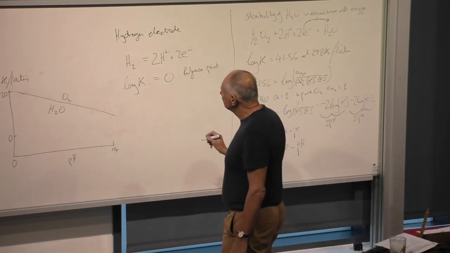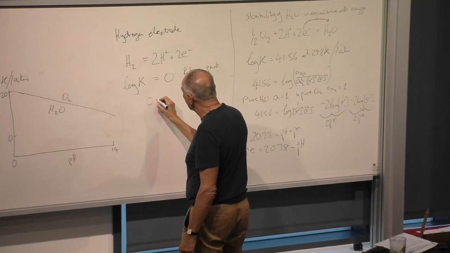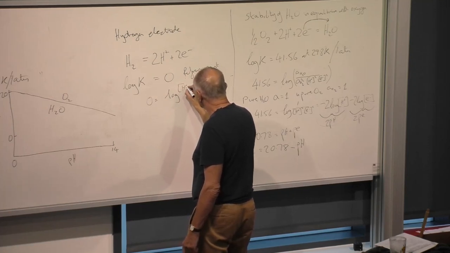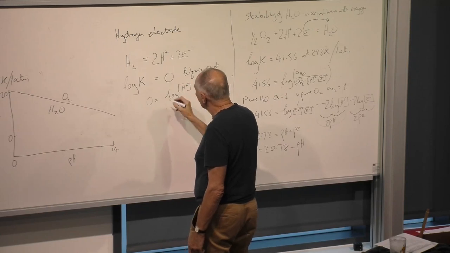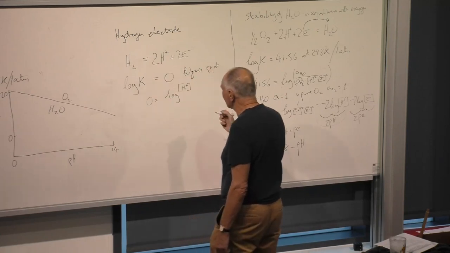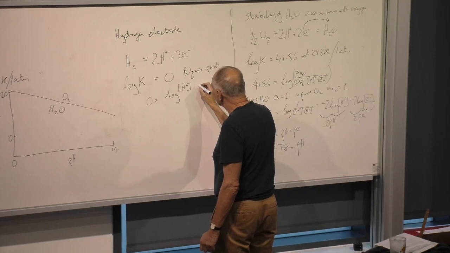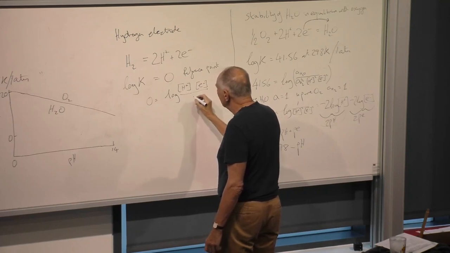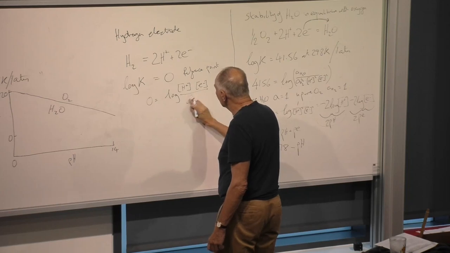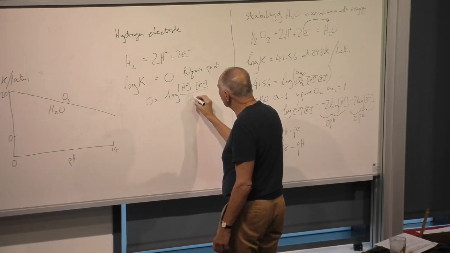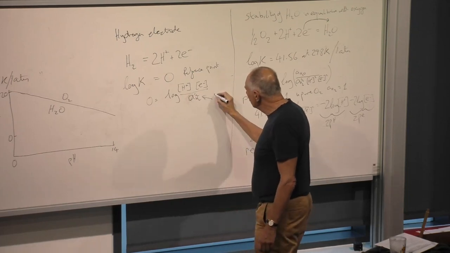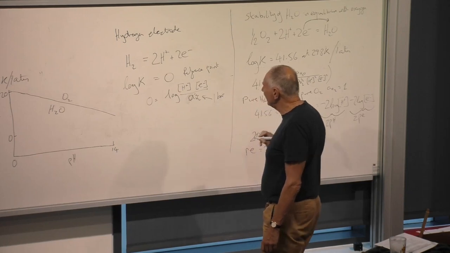So now, 0 is the log of H plus, well, we can divide by 2, it doesn't matter, 0 over 2 is 0, times E minus over H2, sorry, activity of hydrogen, activity of H2 to the half. We have 1 bar of hydrogen, so it's in its standard state, the activity is 1.